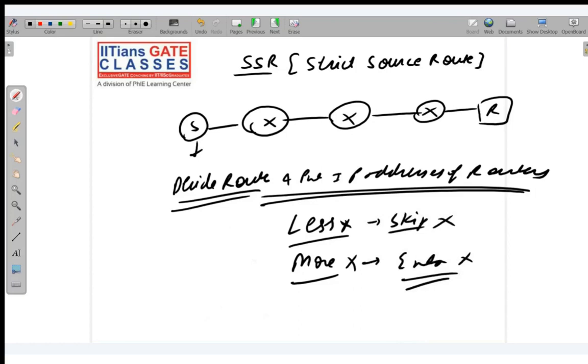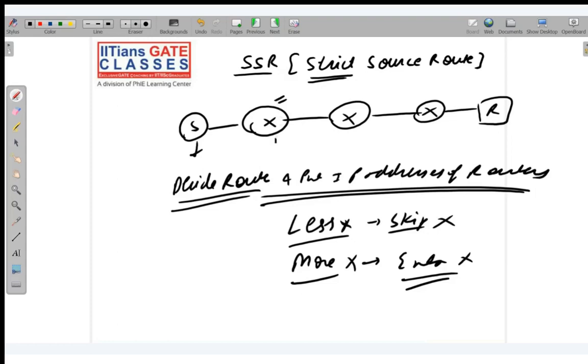As the name says, strict means it is a very strict route. The source will decide it, and it will put the IP addresses of the routers in the header itself. If a router receives a packet, it will see whether its IP address is in the list or not.